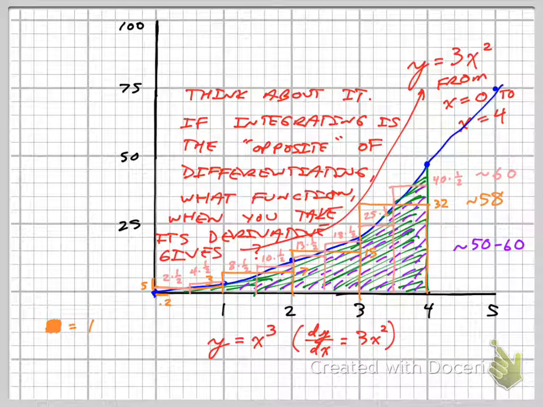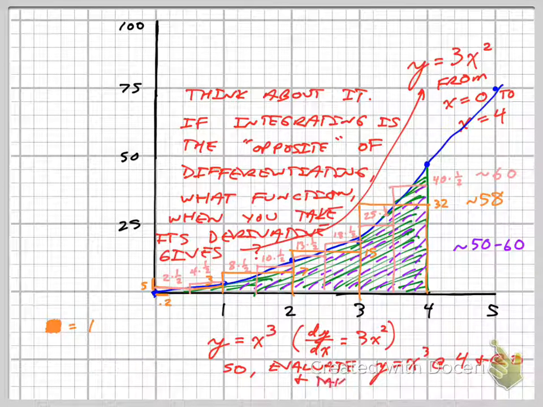Well, it means if we take that function x to the third and we evaluate it at our limits, which in this case I told you was from 0 to 4, we evaluate it at 4, and 4 cubed is 64, and we evaluate it at 0, which is 0, and we take the difference between those two. And when we take the difference between those two, we get the value of 64.